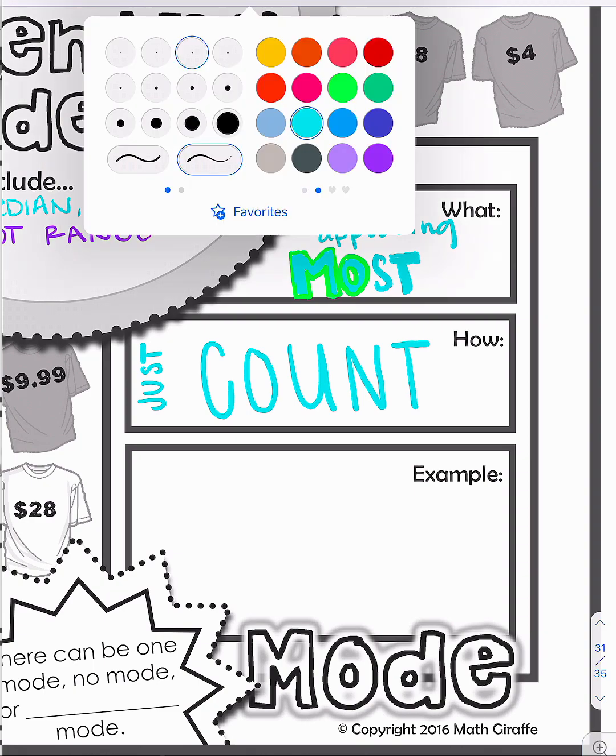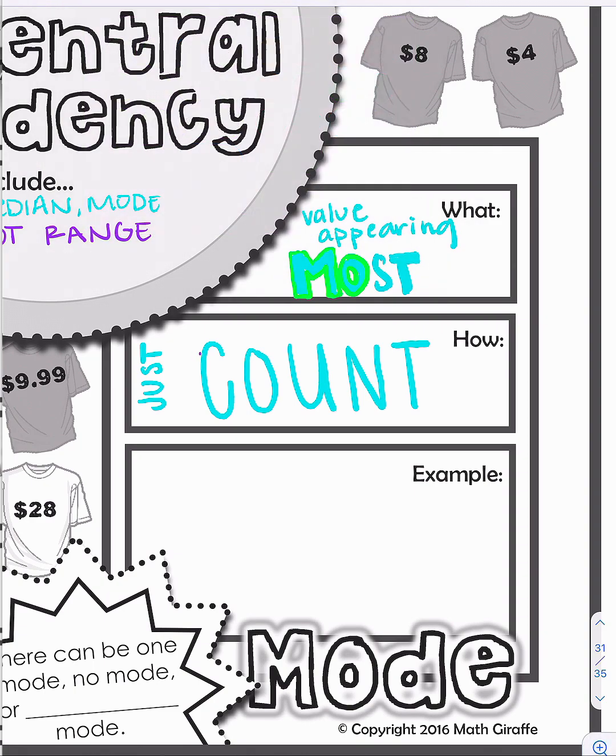And so what we mean by that is you're going to go through here and we'll list our numbers, and you're going to find the one that appears the most often just by counting to see which ones show up the most. I'm just going back in here and jazzing this up a little bit with one of my other marker colors. So we're going to count.